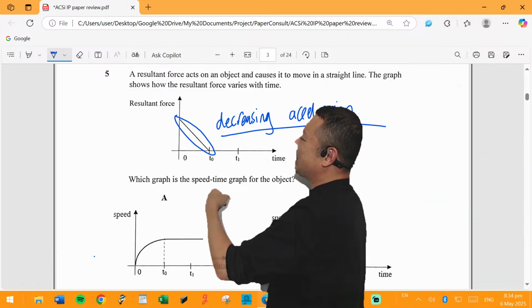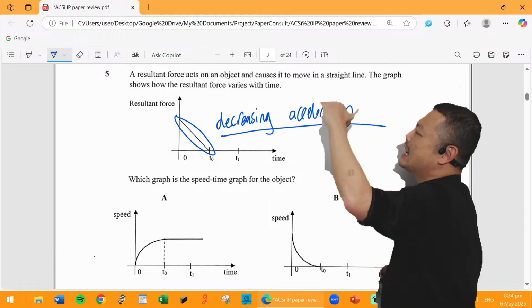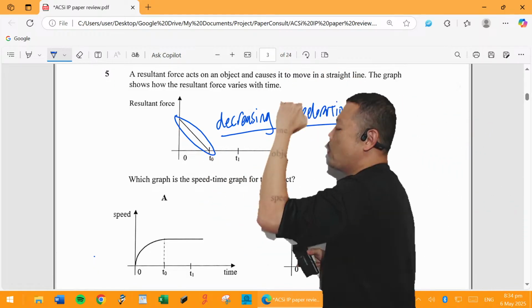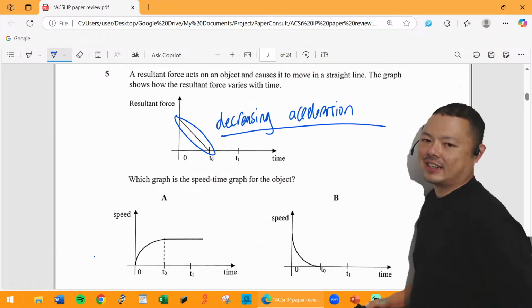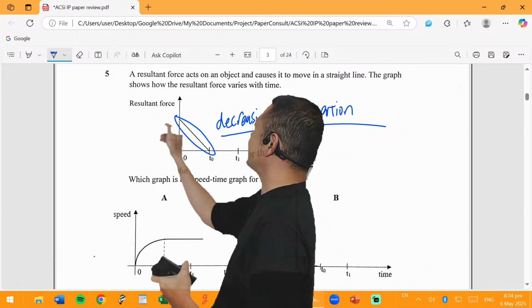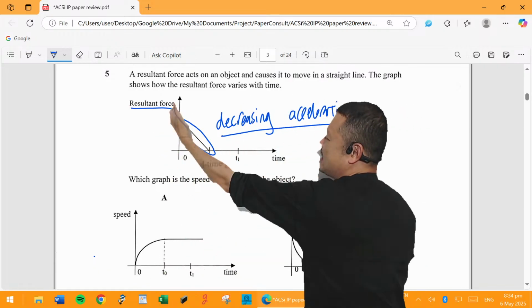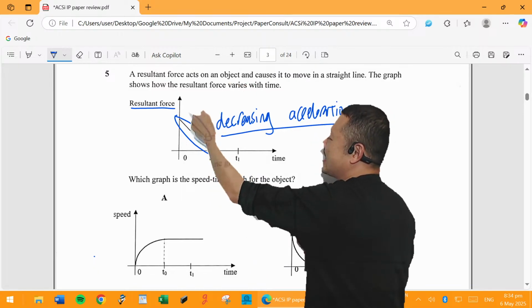Because you see, I can literally smell the teacher, right? When he set this question, he knows already he's going to be able to trick people on this. I purposely draw the resultant force going down, then you start thinking it's slowing down.